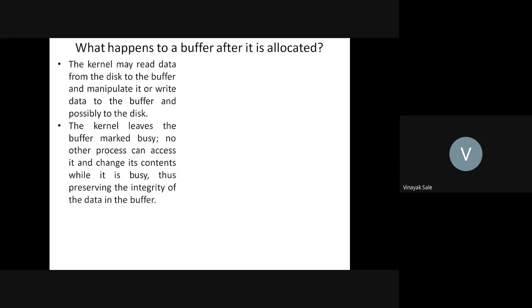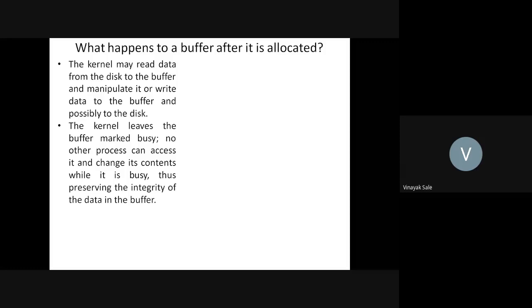What happens to the buffer after it is allocated? Whenever buffer or block number 4 is allocated, the kernel may read data from the disk to the buffer and manipulate it, or write data to the buffer and possibly to the disk. The kernel leaves the buffer marked busy.